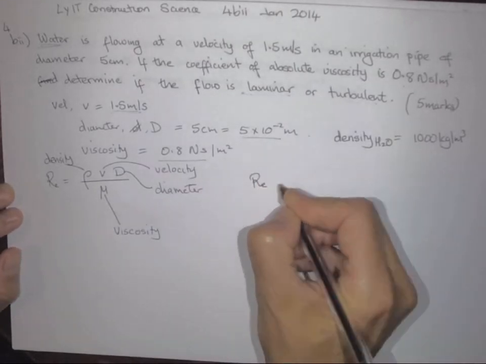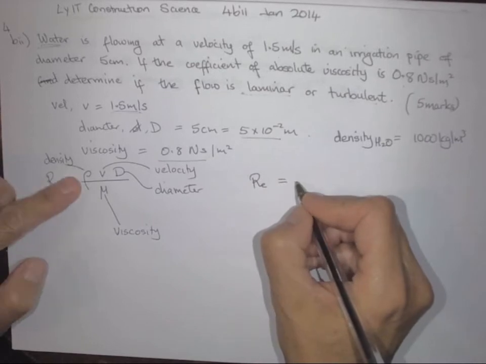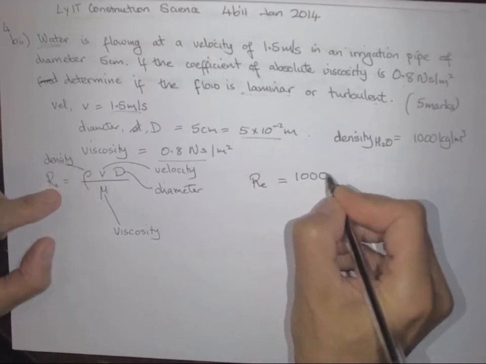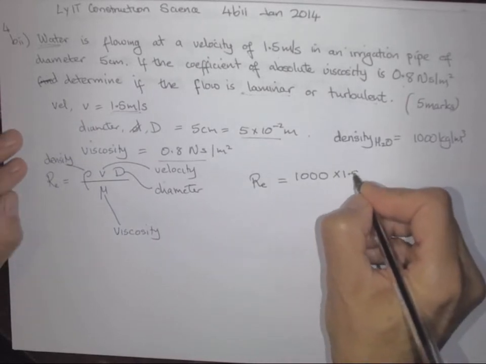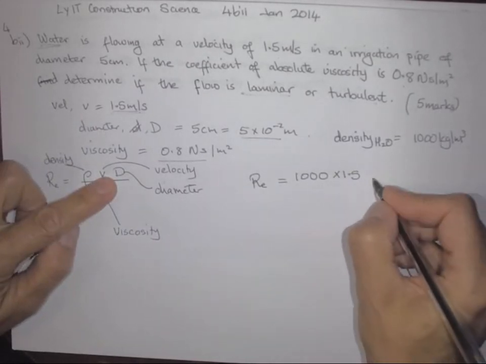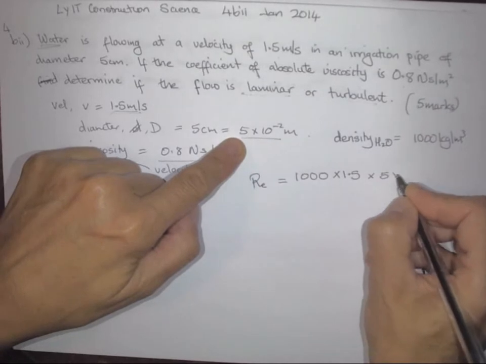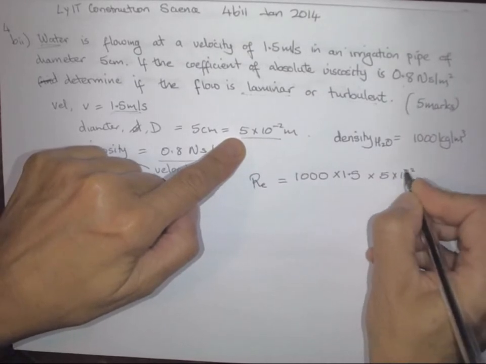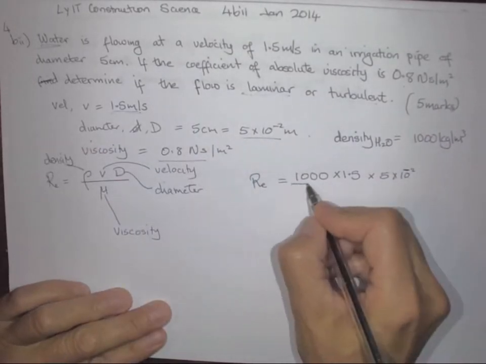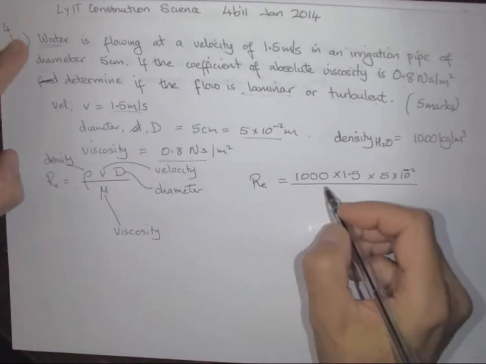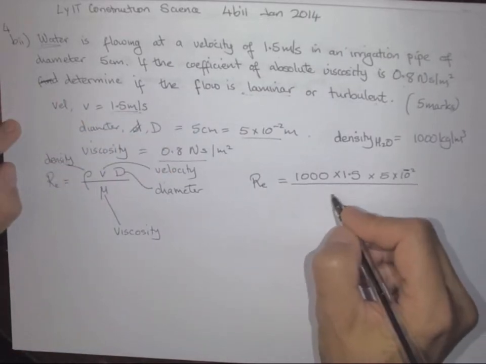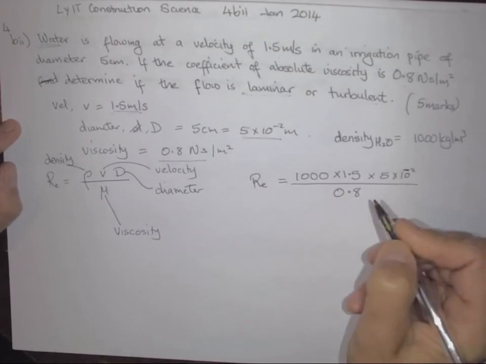So I can say the Reynolds number is going to equal rho, density of water, 1,000, multiplied by the velocity, which is meters per second, that's grand, 1.5, it's the right units, multiplied by the diameter, which we say is 5 by 10 to the minus 2, and that's all divided by the absolute viscosity of the substance, 0.8.